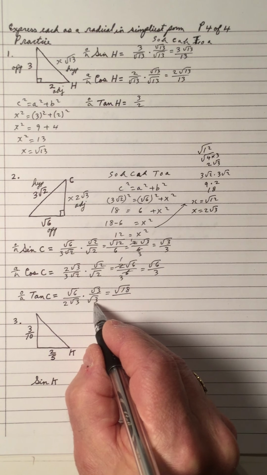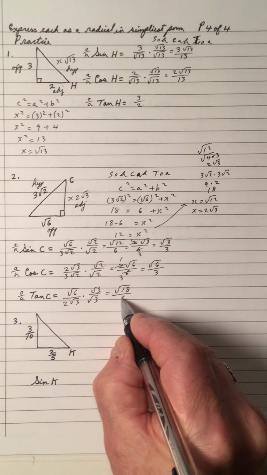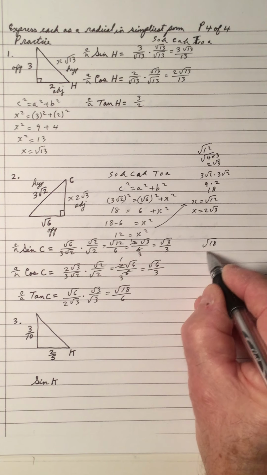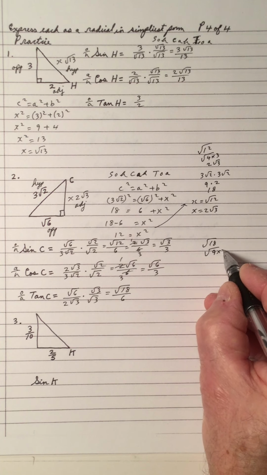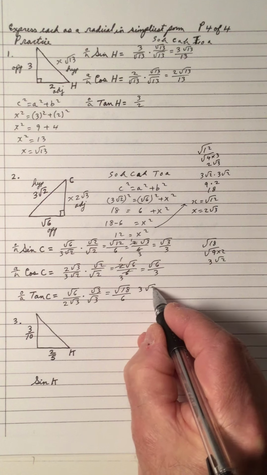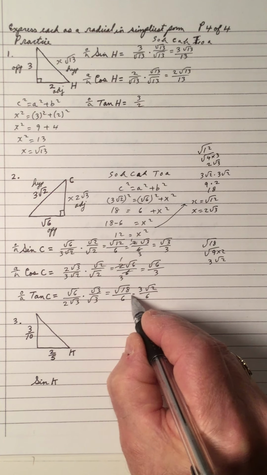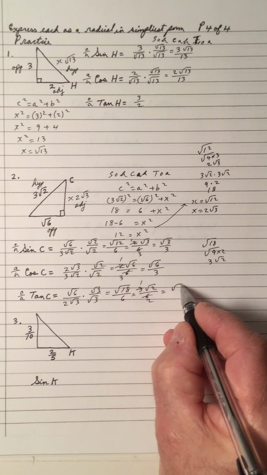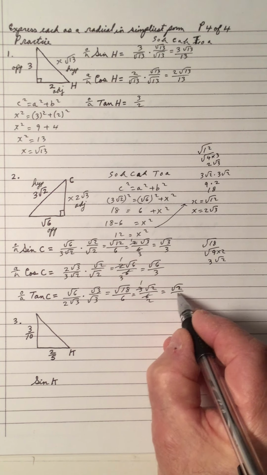Root 3 times root 3 is 3. 2 3s are 6. And root 18 is 9 times 2, so it's 3 root 2. So it's 3 root 2 over 6. 3 and the 6 goes once, 3 and the 6 goes 2, so that's root 2 over 2.